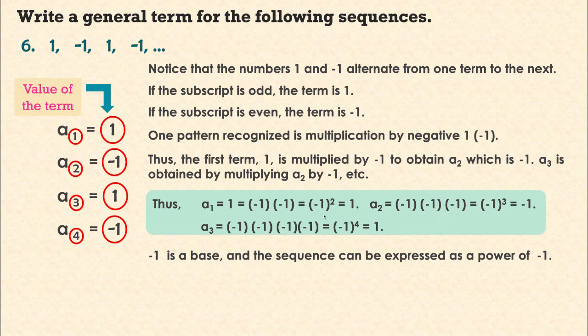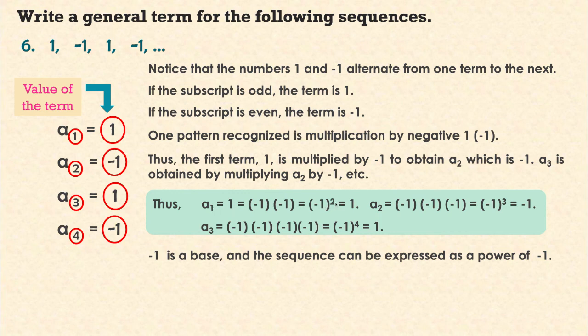So, look what happened here. If your term number is 1, what is the power? Negative 1 is constant. It's the base. The base is always negative 1. But look at the power. If the subscript is 1, the power is 2. How do we get 2 from 1?